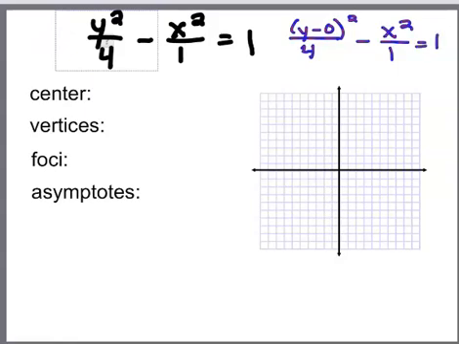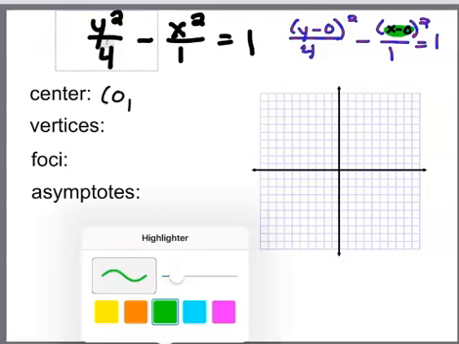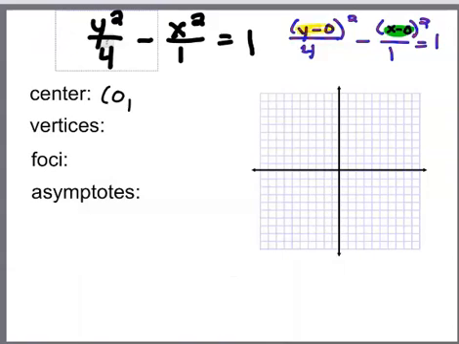Except I want to put that as x minus 0, just so it's easier to see the center. Remember, this is the x value. Because it's x minus 0, the x value is 0. This is the y value. Because it's y minus 0, this is 0. So the center is 0, 0.